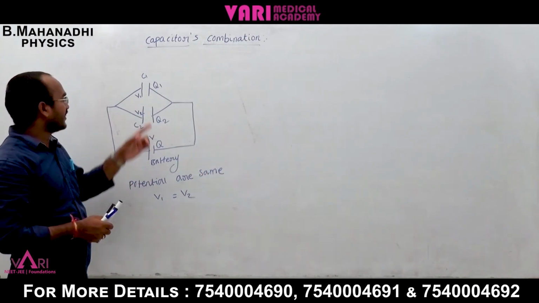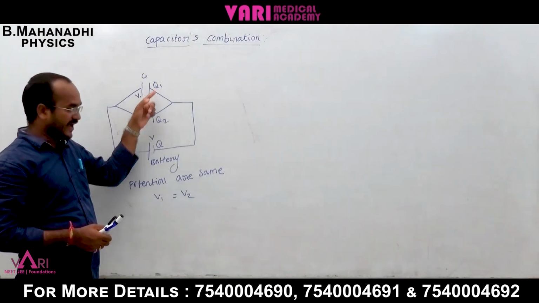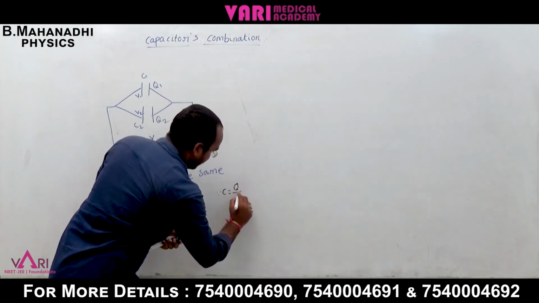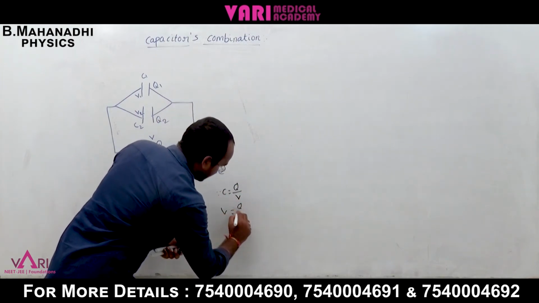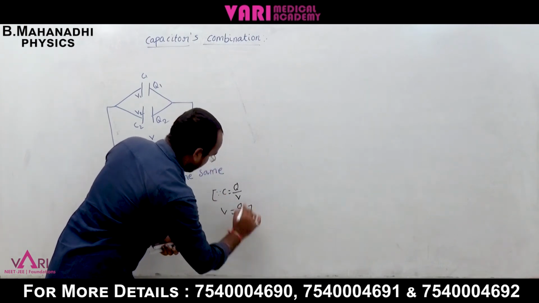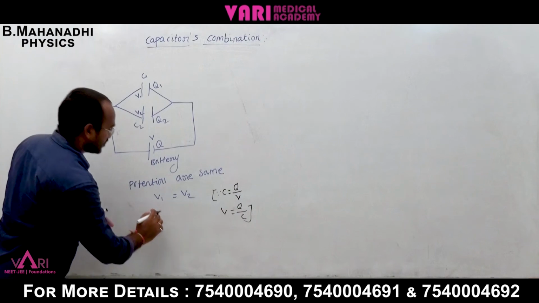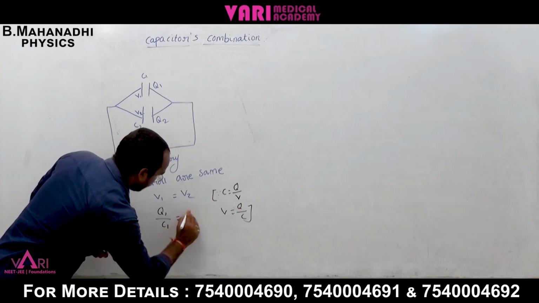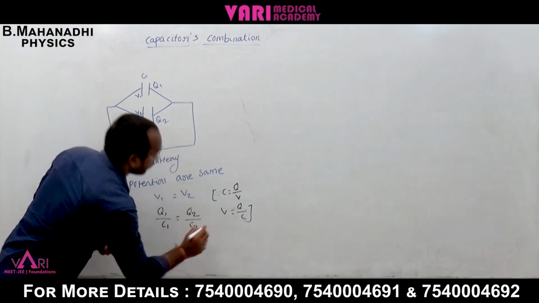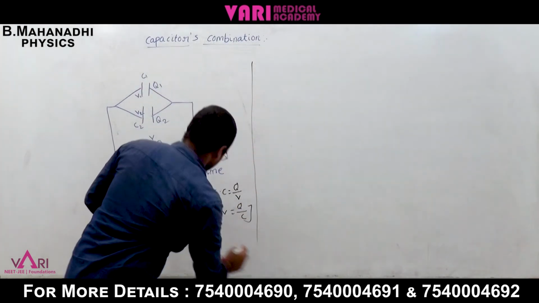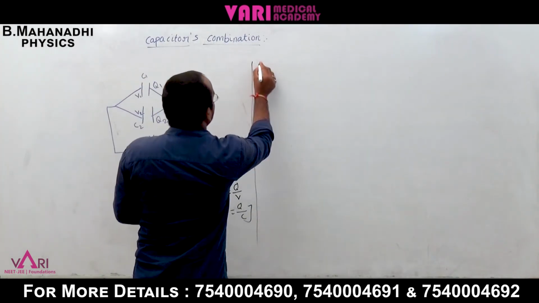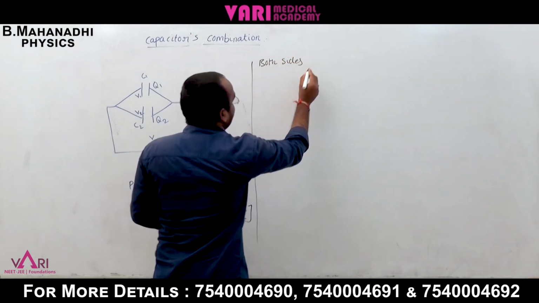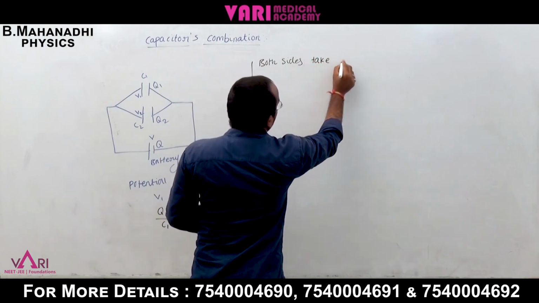Now, in parallel connection, how much charge does each capacitor have? Now we will find out. Generally capacitance C equal to Q by V, so V equal to Q by C. Now here V1 means Q1 by C1 is equal to Q2 by C2. On both sides take plus 1.